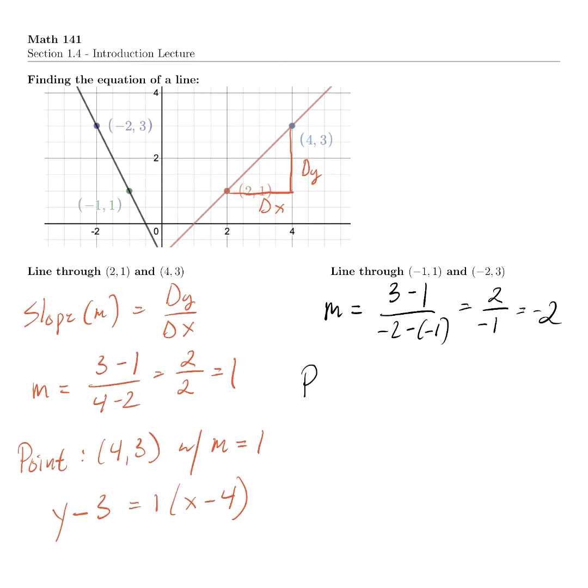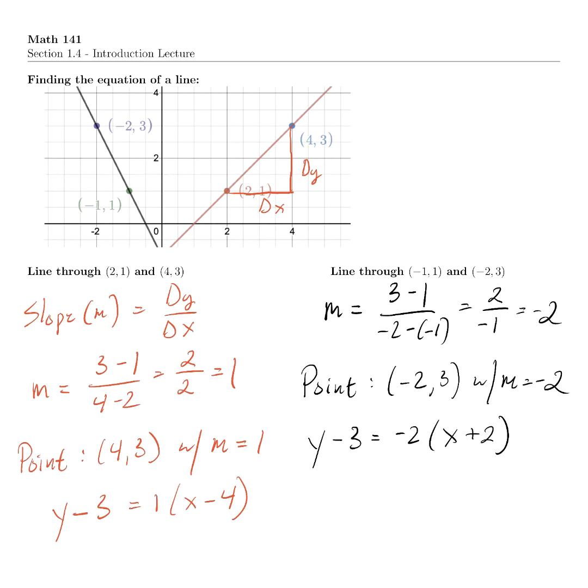To write the equation, we need a point. Again, we can pick either one. Let's pick (-2, 3), and use that point with our slope of -2. In point-slope form, the equation of that line is y minus 3 is equal to -2 times x minus -2, which is x plus 2.